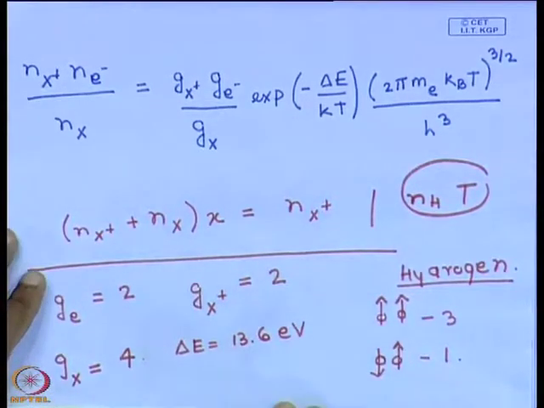But here we have been looking at the star, and the reason why we have been discussing the Saha ionization equation is that we have been looking at the equation that governs the structure of a star. Okay.